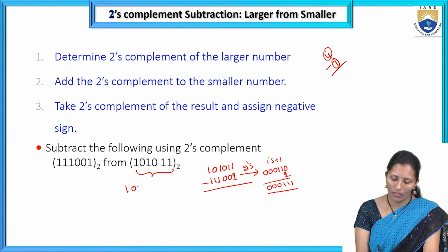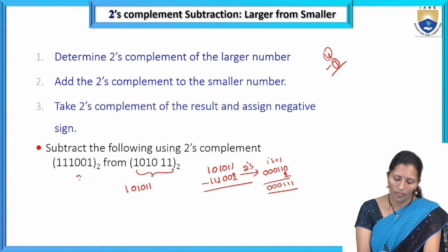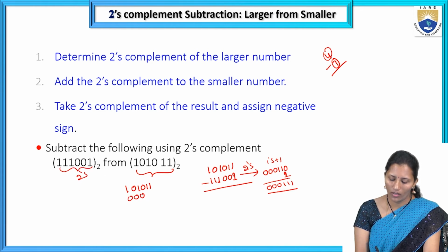That is 1, 0, 1, 0, 1, 1 and plus the 2's complement of this number, 0, 0, 0, 1, 1, 1. So sum is 0, carry 1, sum is 1, carry is 1, sum is 0, carry is 1, 1 plus 1, sum is 0, carry 1, 1, 1.